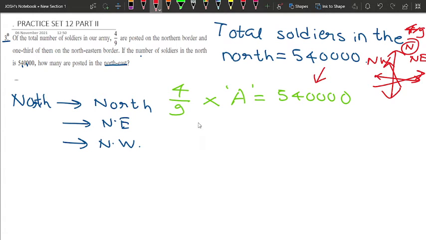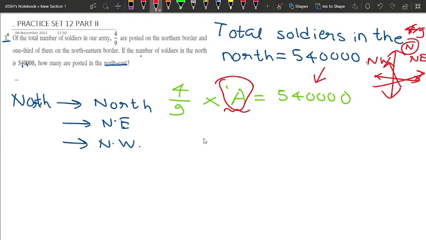So on the northern border there are 4 by 9 part of soldiers. So we use the concept of multiplication, as in out of these, 4 by 9 are on the northern border. So how much exactly are there on the northern border? That we will get from this.